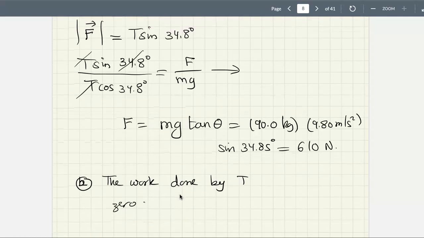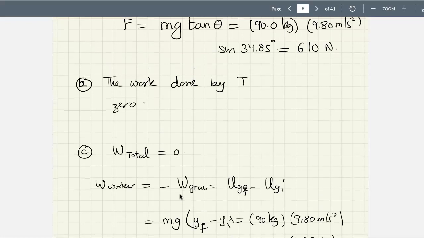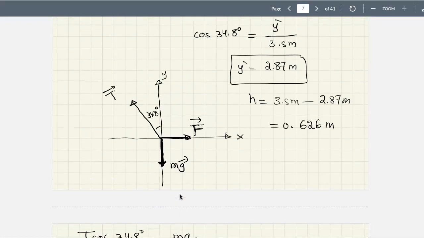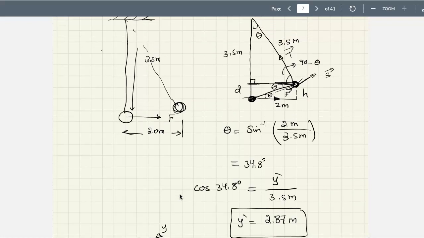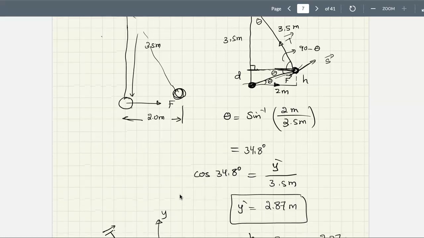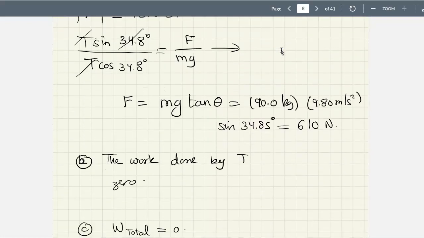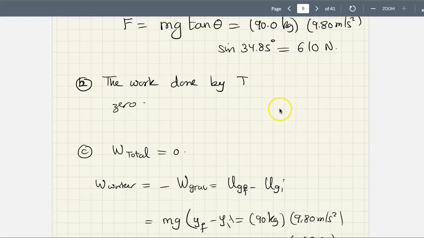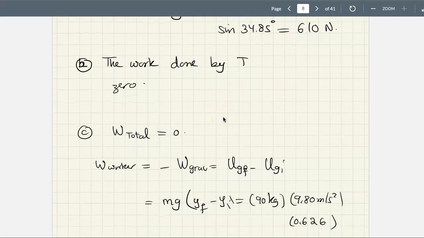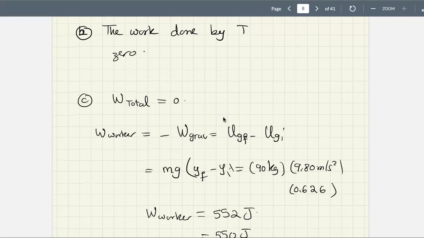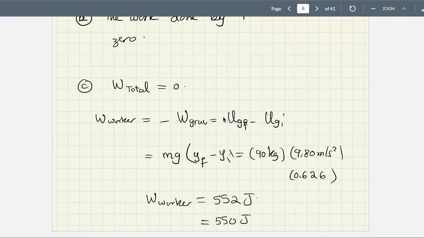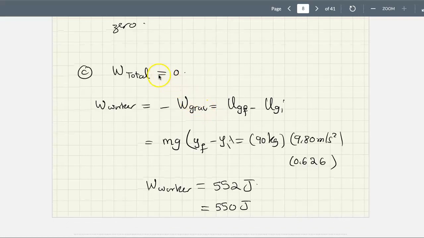Now the work done by the tension is 0, because the tension is acting perpendicular to the direction of motion. And we know also that the total work is 0 because the object now is at rest, so there is no motion.